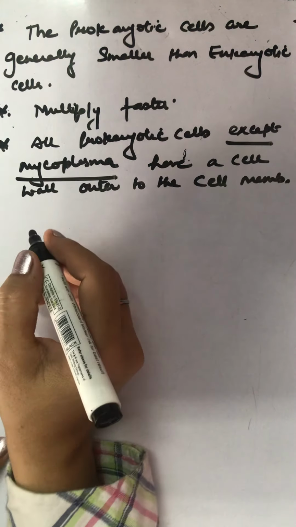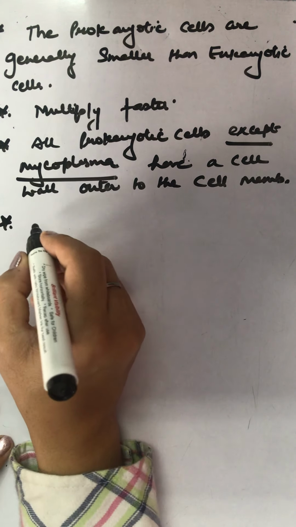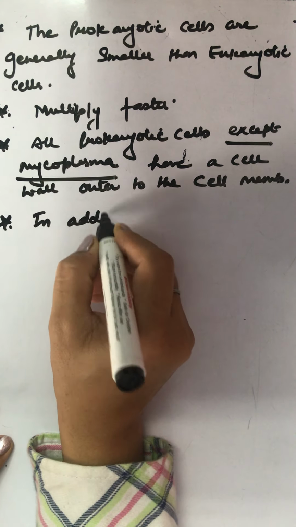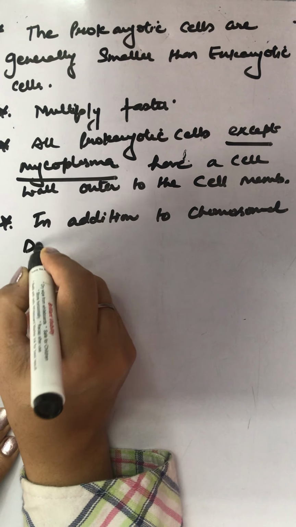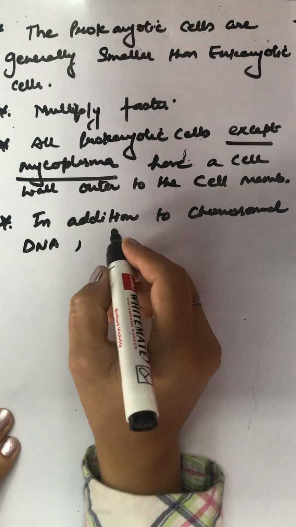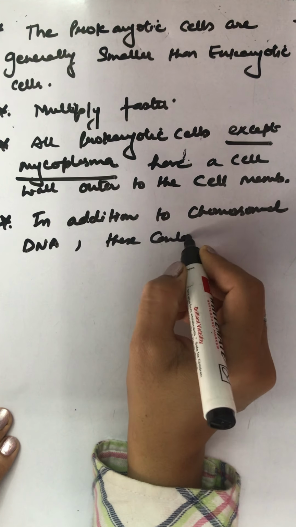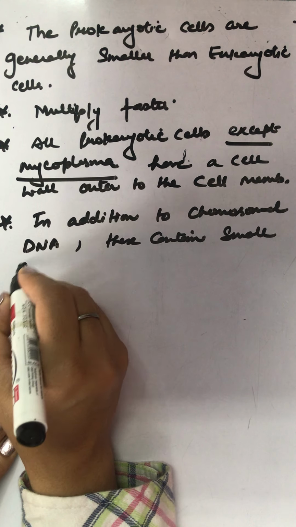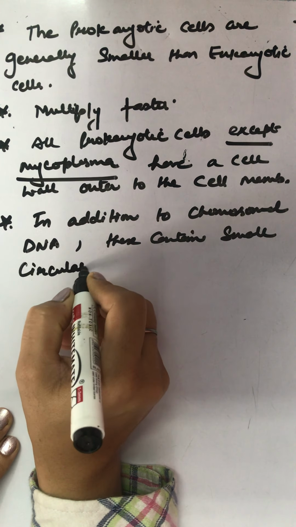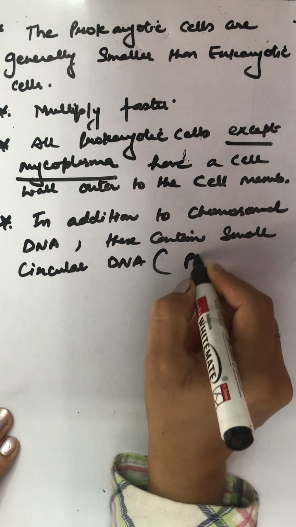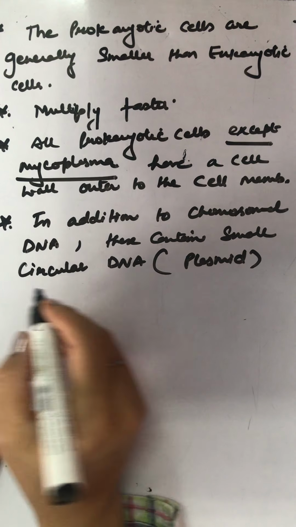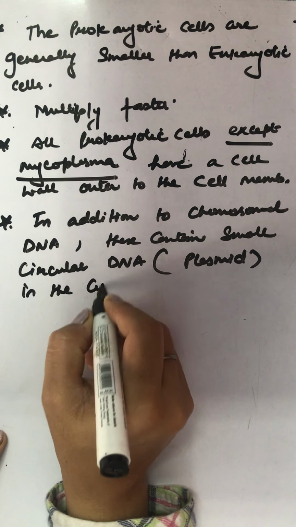Then another important feature, that in addition to chromosomal DNA, these contain small circular DNA which is known as plasmid, external to the chromosomal DNA in the cytoplasm.